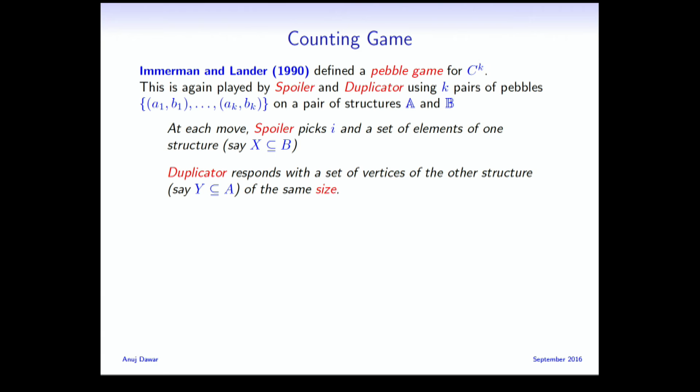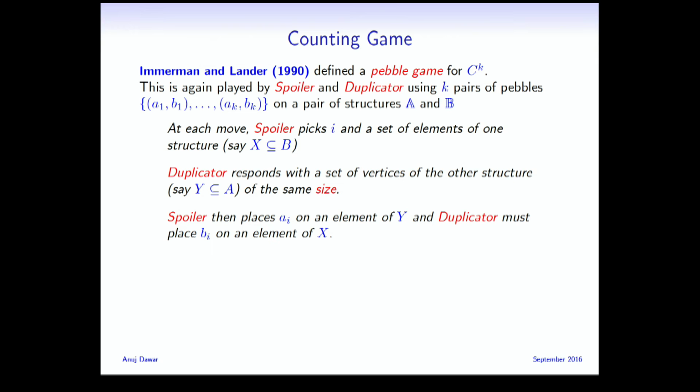You included something that doesn't satisfy phi. So spoiler picks an element of the set that duplicator chose, and duplicator has to respond with an element of the set that spoiler chose and says, ah, but this one looks just like it. And then the game moves on. So at the end of the round, only two elements have been selected, but the process of selection involves choosing these sets, and they have to be the same size.